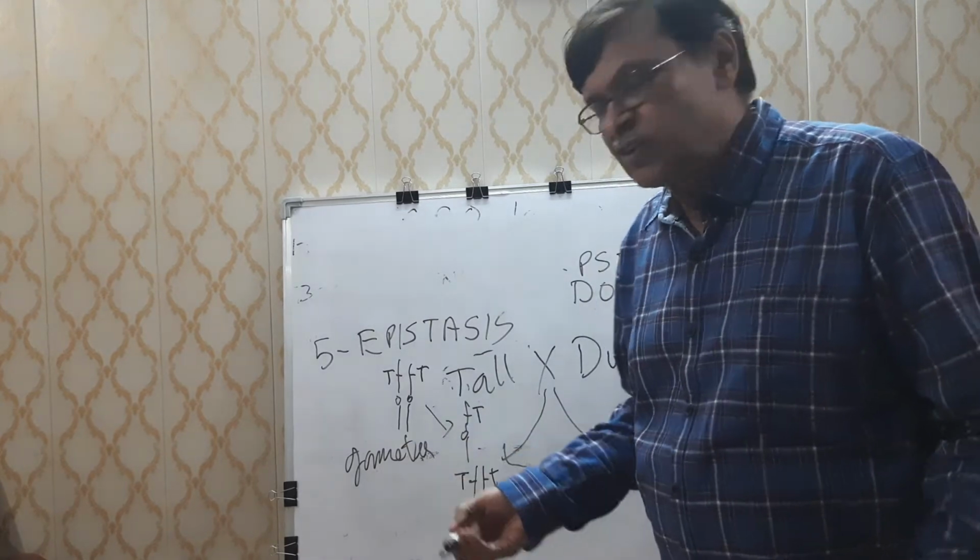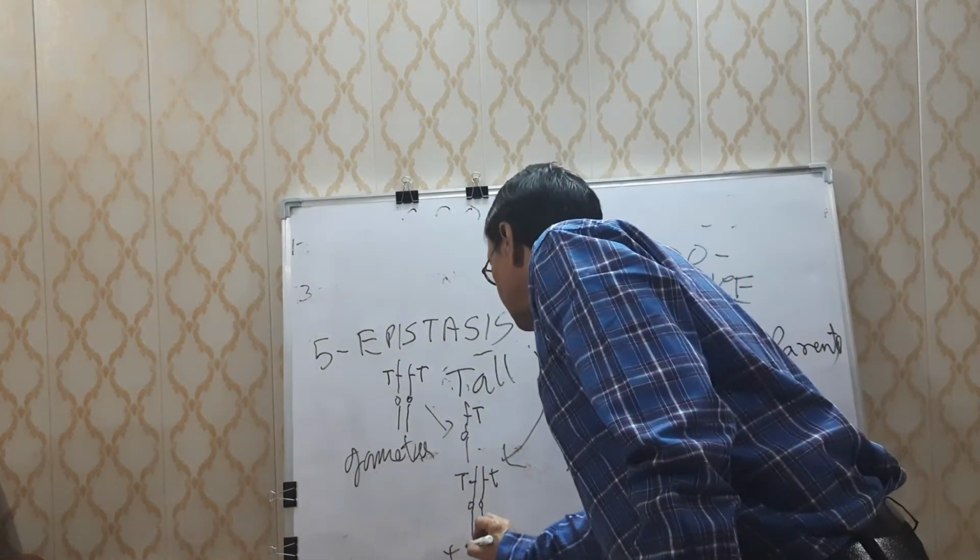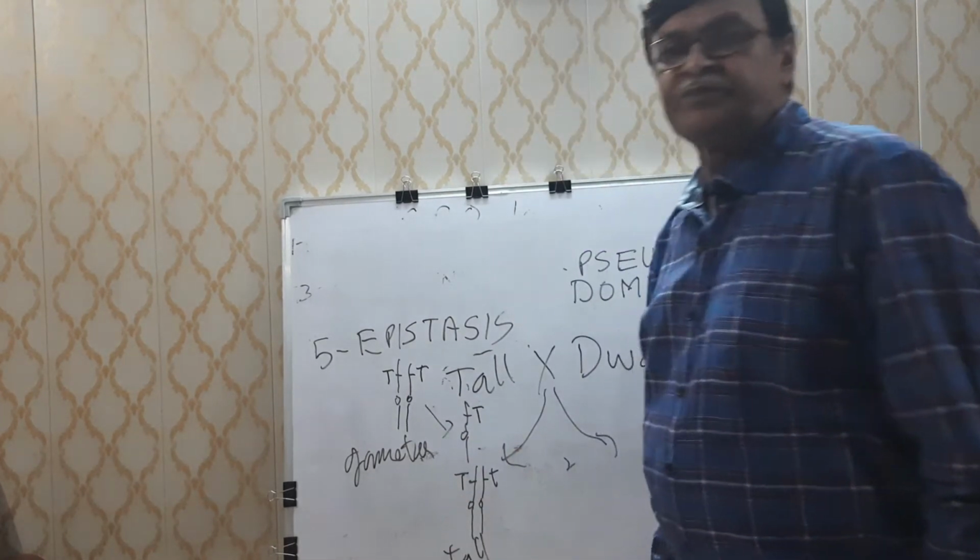Capital T is dominant over small t, so it will appear tall.